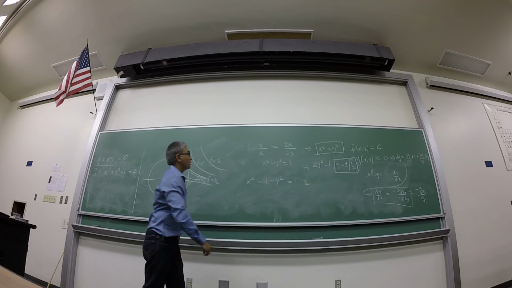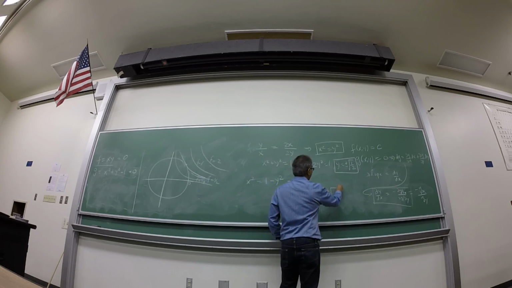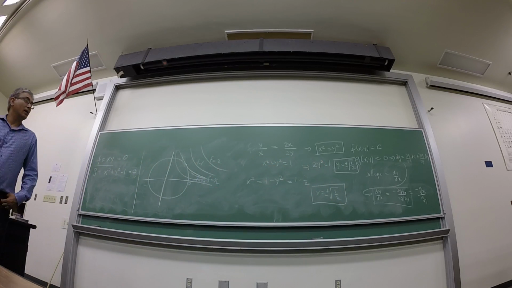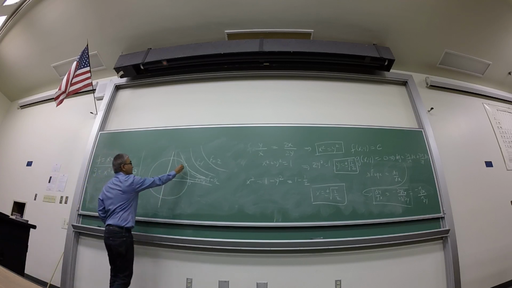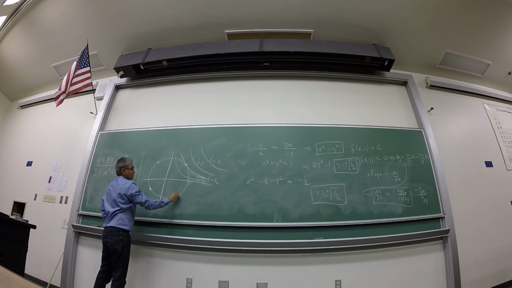Right? Therefore x equals to also plus minus 1 over square root of 2. And therefore you can see you have 4 solutions, right? And the 4 solutions are obviously this, this, this, and this.